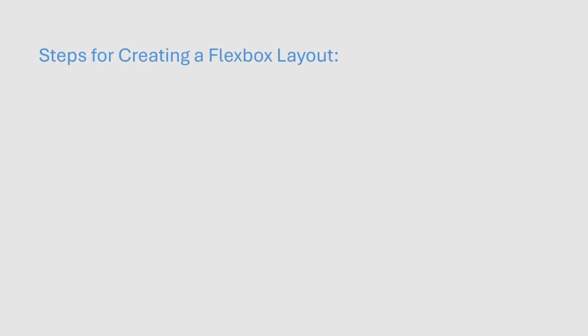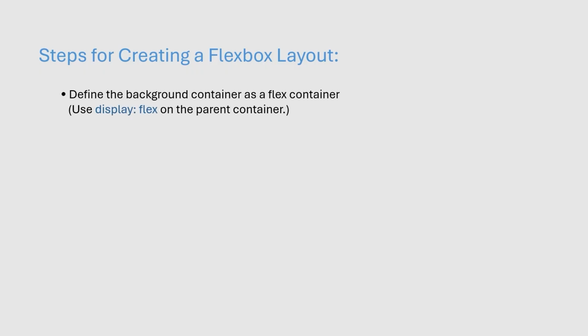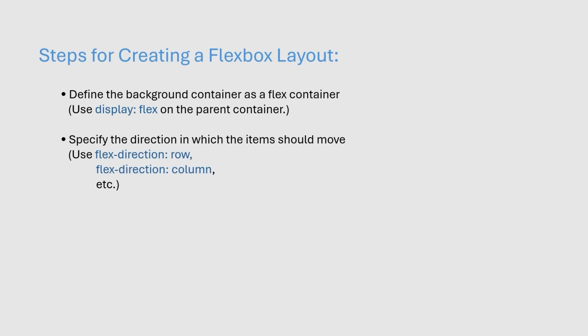Now let's discuss some steps to create a flexbox layout. First, we need to define our background container as a flex container because then it will become flexible to move elements. In the next step, we need to specify the direction in which the items should move. To specify the direction, use a property called flex direction and its value can be row or column.